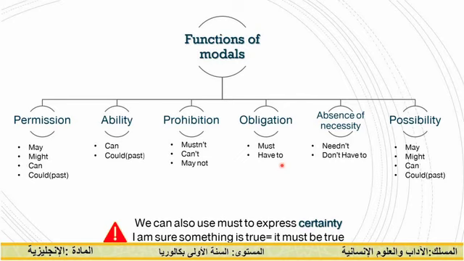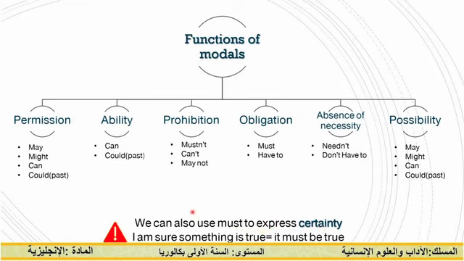Now you are going to move to the slide. Okay, check the slide with me. We have here, we can also use must to express certainty. What do we mean by certainty? Certainty means that we are sure about something. We are certain about something. It is sure. We know it for sure.